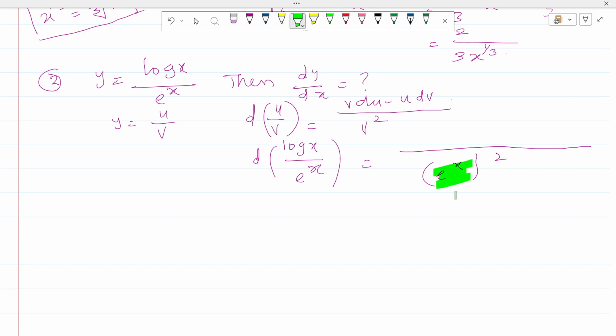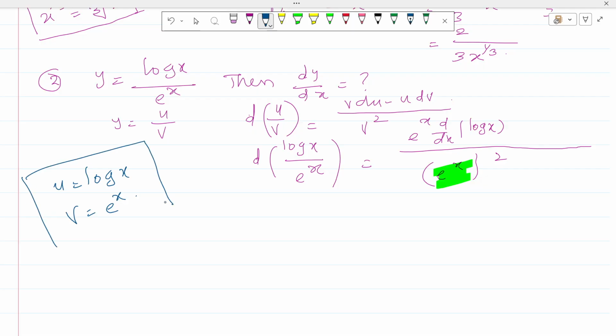Here u is log x, v equal to e power x. Using this you have to solve.